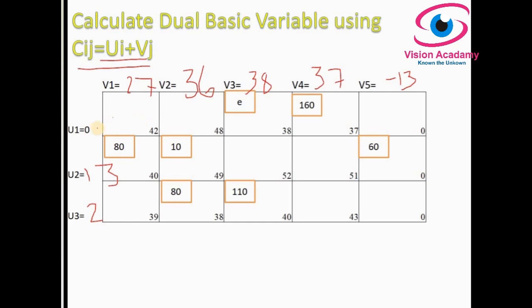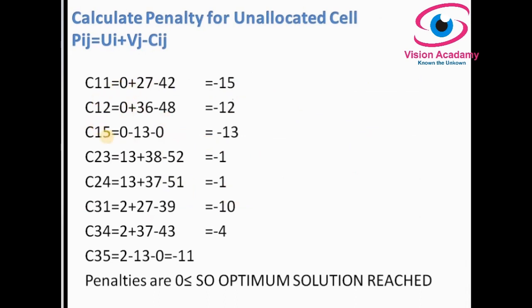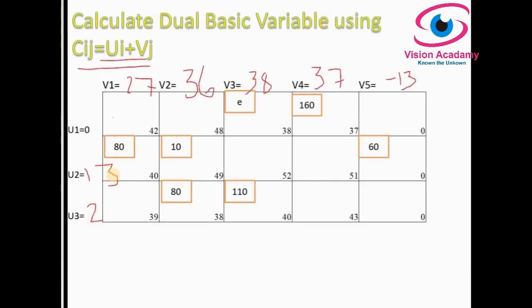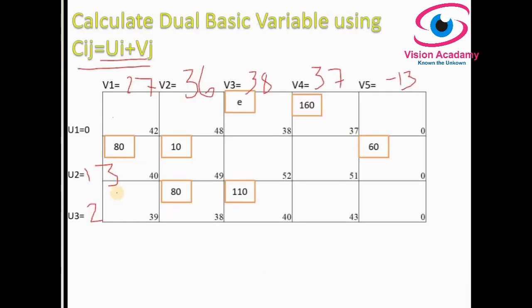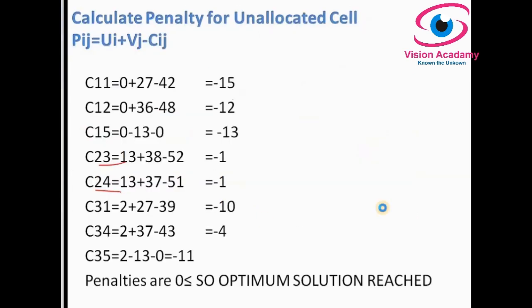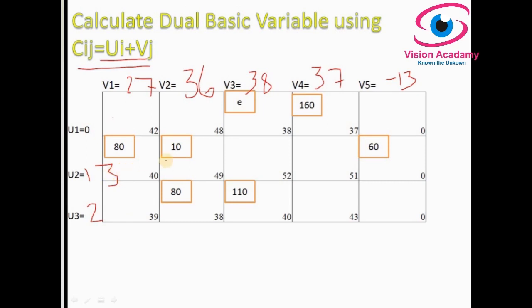In the first row, C11, C12 and C15; in the second row, C23 and C24; and in the third row, C31, C34 and C35. Let's calculate each one as usual.